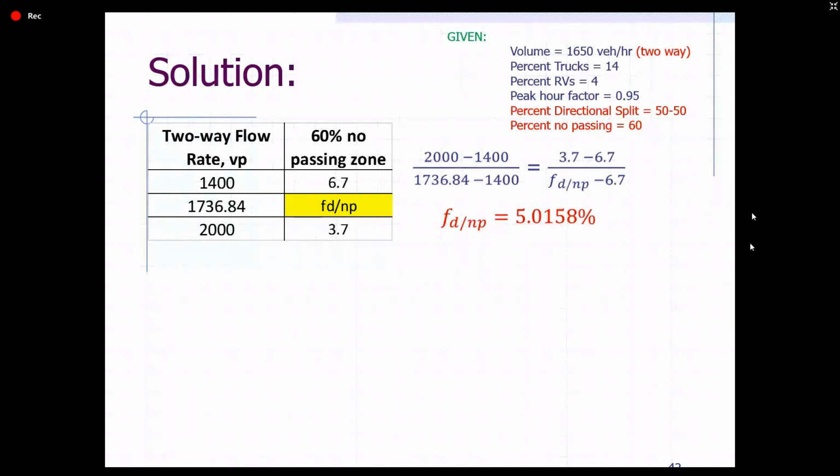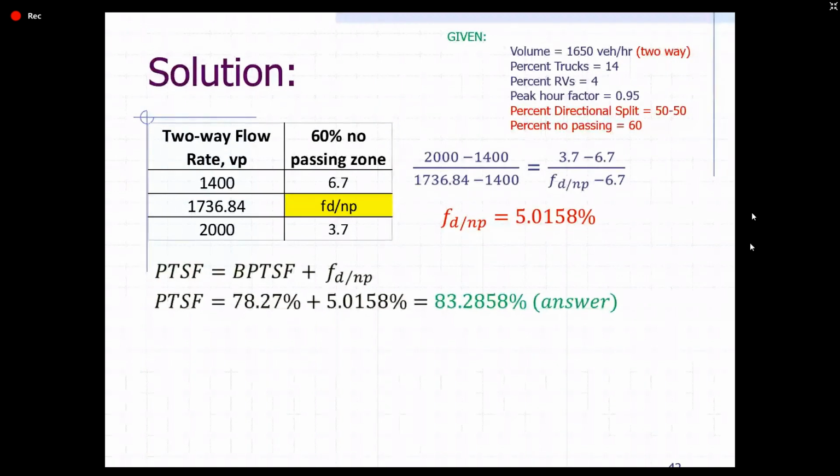Your FDNP is 5.0158. This is now in percent. So, idagdag lang natin ito into your base percent time following. You now have your answer, which is 83.858.